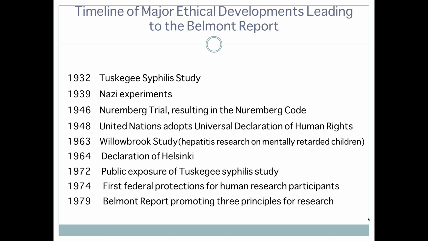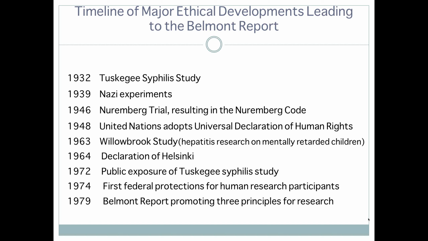In 1963, the Willowbrook study was influential in ethical issues involving human subjects research. It was a study involving hepatitis research on mentally retarded children. 1 year later, in 1964, the Helsinki Declaration. In 1972, we have the first public exposure of the Tuskegee syphilis study.